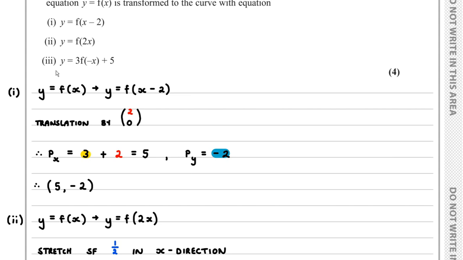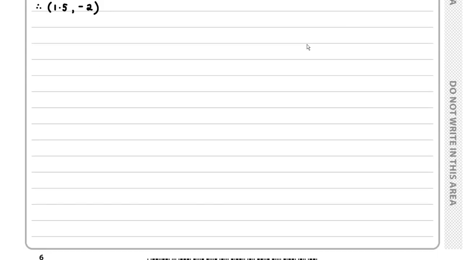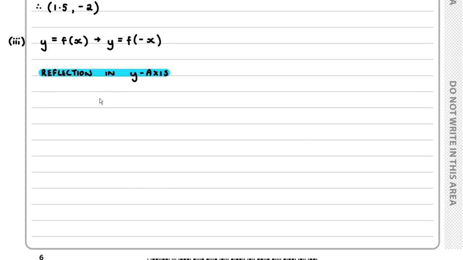For the third part of question 3, y equals 3 multiplied by f of negative x plus 5. First of all, let's go from y equals f of x to y equals f of negative x. Here, we have a reflection in the y-axis.